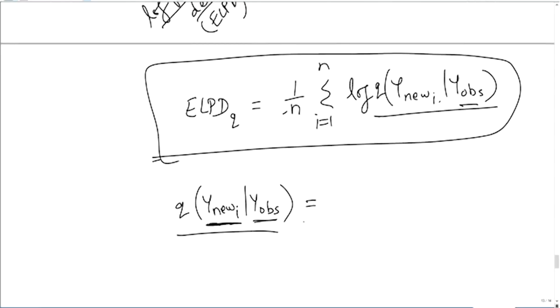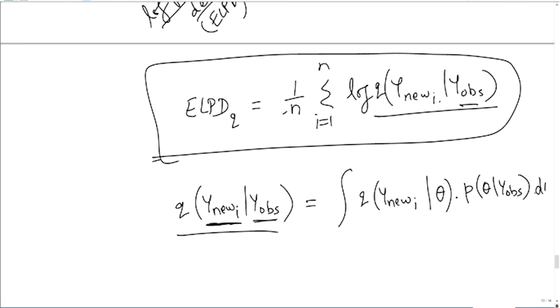What we can do is integrate the likelihood of observing y nu i given some sample theta, given parameter theta, such that theta is coming from the posterior distribution when the model is trained on y obs, with respect to d theta.